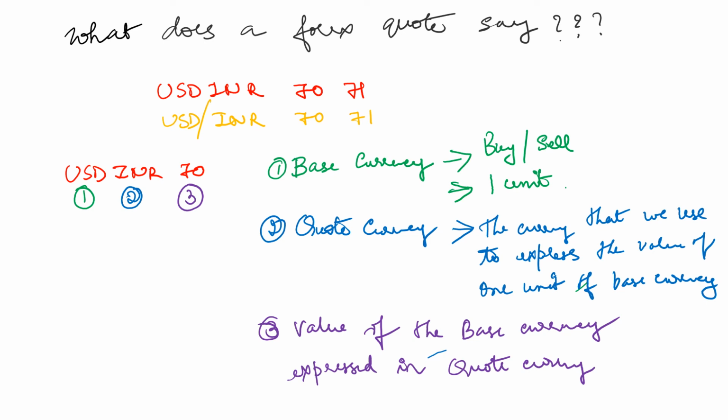That is how we read it. 1 USD is 1 because base currency is 1. The number 70 is the INR value, because INR here is used as the quote currency to express the value of a base currency.